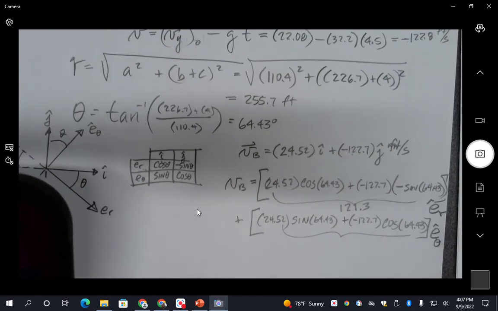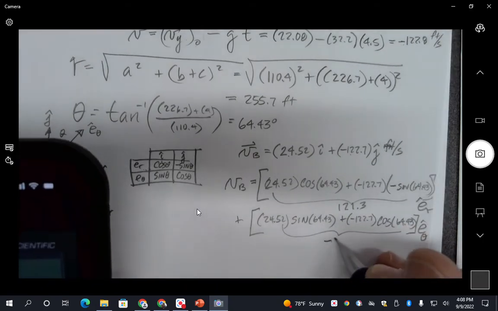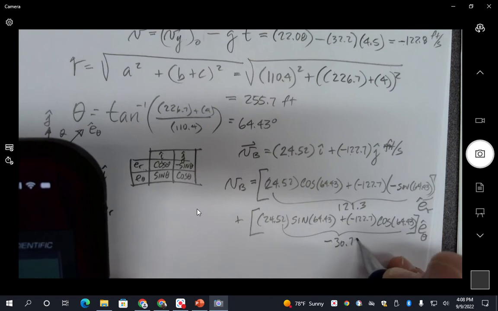And then flop them around, and I'll go enter, and sine times 24.52. And flop them around and go 122. Whoop, nope. Coming down, okay. Well, we'll go cosine of that, and then 122.7 times, but now that's going to be subtracted out of there. And I'm going to get a negative 30.78.